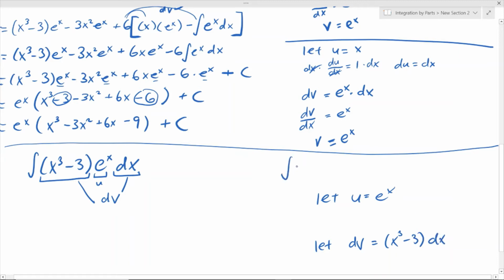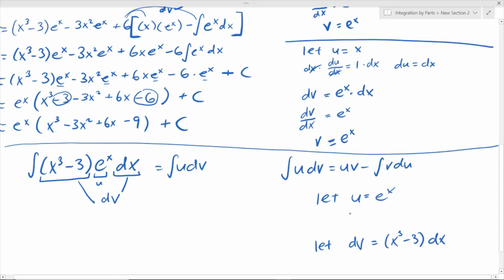And remember, this integration by parts is supposed to be integral of u times dv equals uv minus the integral of v times du. And so this part here is equal to our u times dv. Now we have to find v, and we have to find du over dx.